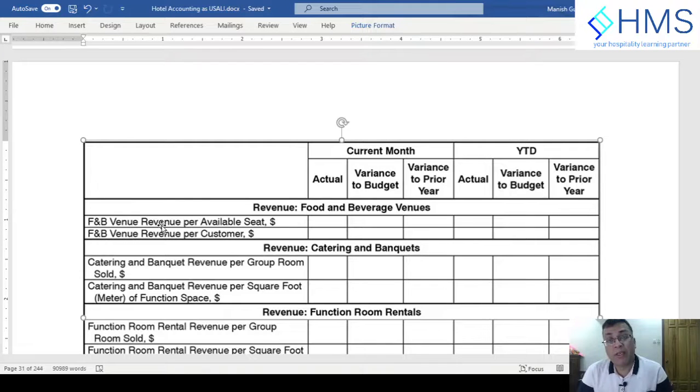Sometimes you have very large function rooms but very little usage, maybe once a day function, twice a day function. Sometimes the function facility is very small, but the turn-in time is very fast, because you are turning around the function maybe twice a day or 3 times a day.